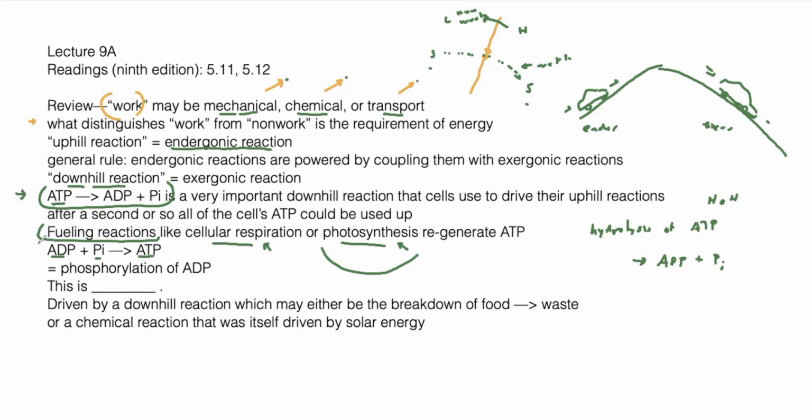So here's my little quiz question for you. This reaction, ADP and phosphate giving rise to ATP, is this an uphill reaction or a downhill reaction? Yeah, okay. I mean, I just said that the reaction ATP to ADP and phosphate is an important downhill reaction. And if this is our downhill reaction, when we're making ATP from ADP and phosphate, the reverse reaction is going to have to be uphill, right?